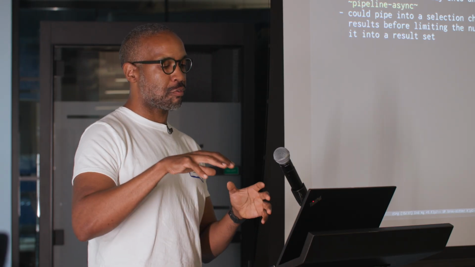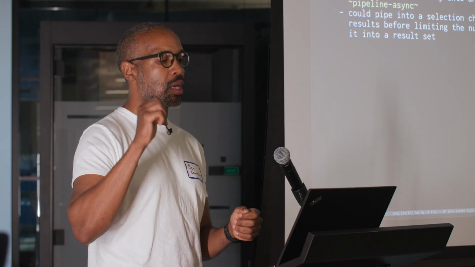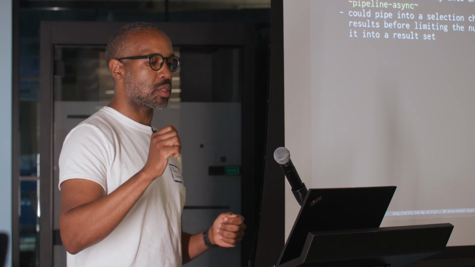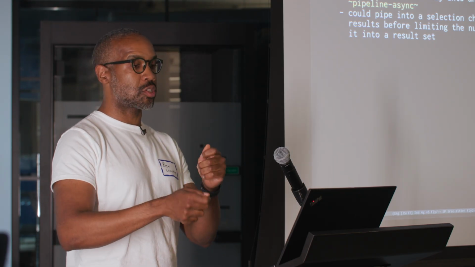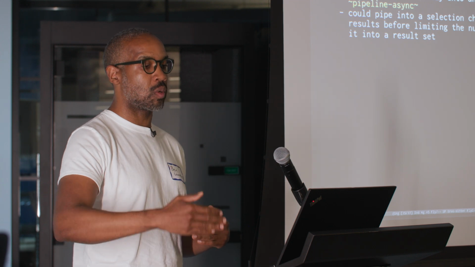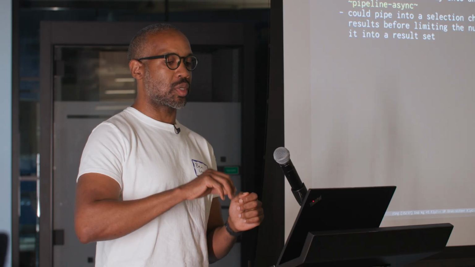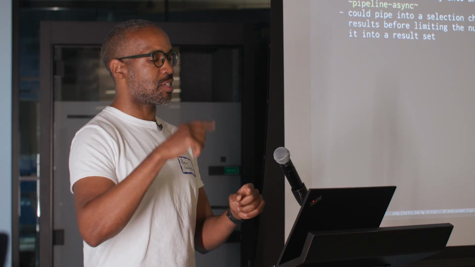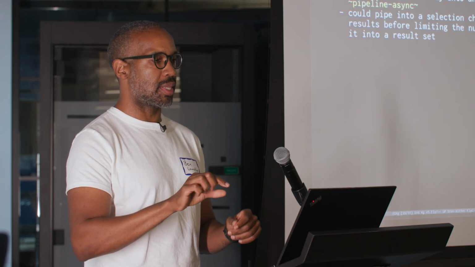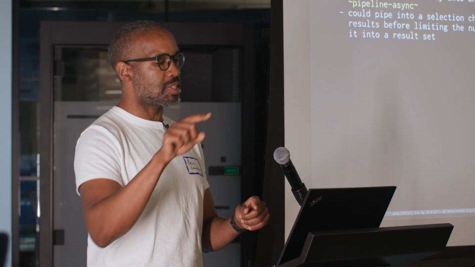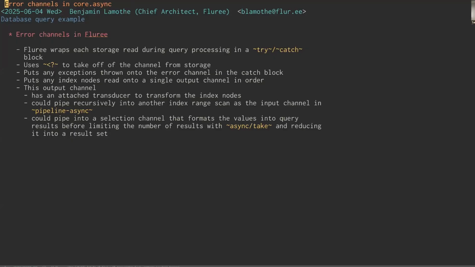And so the way Flurry works is it reads all of the individual index nodes using throwing take and using the storage channels, treating them like promises. Then it puts all of those index nodes onto a single output channel, and that channel has a transducer attached to it. That channel can also get piped into other processes recursively because, like I said, every triple in that execution plan that I showed is a separate async function, but it references the data that was defined in the previous ones.